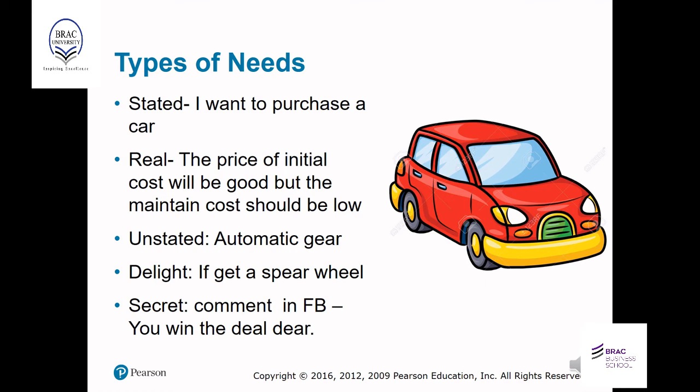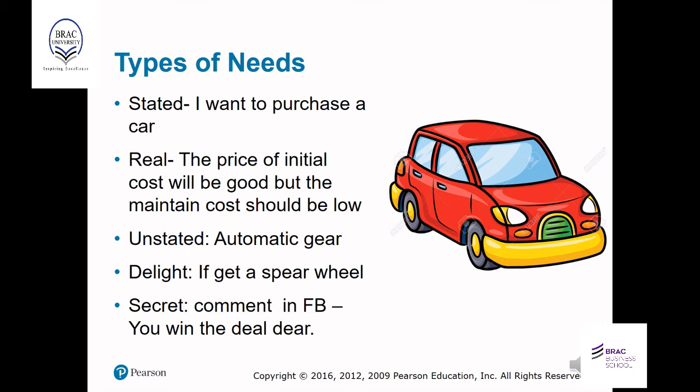Now, if I purchase a car this year, that is in 2020, I need not state that I want a car which has automatic gear, because right now almost every model has introduced the automatic gear.